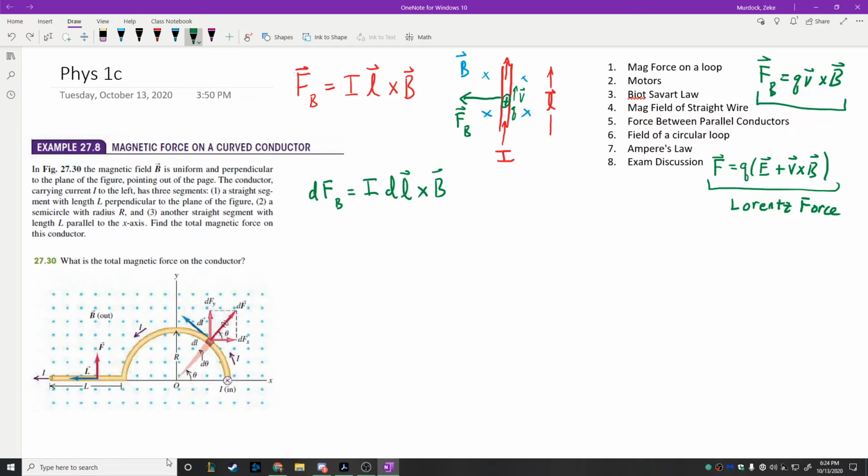So we have this dl vector there. And then we think, okay, what's the direction of the force that's acting on this piece right here? We've got a magnetic field coming out of the page. So if you point the fingers of your right hand along dl, face your palm upwards, you should get a force vector that points this way.